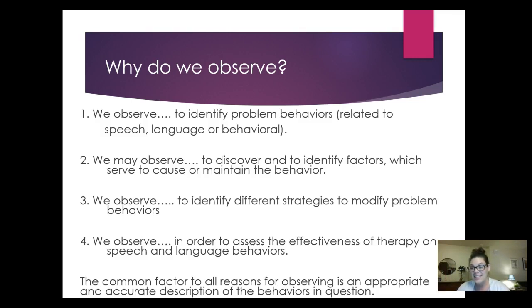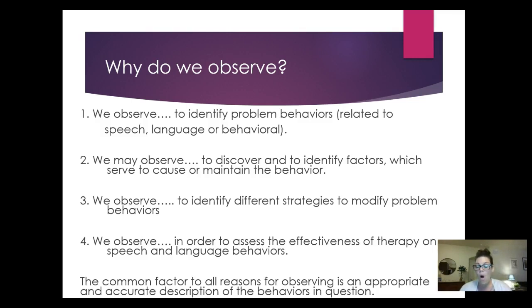So instead of sand, I'm going to say white sand or hot sand. And so I'm adding another word with it. And then we get to sentences and we continue through the hierarchy, but we're constantly observing to determine if our treatment is effective, and if it is, what we need to do to modify it to make it a little bit more challenging or easier if it's too difficult.